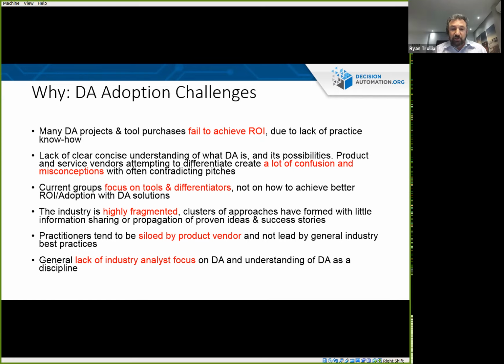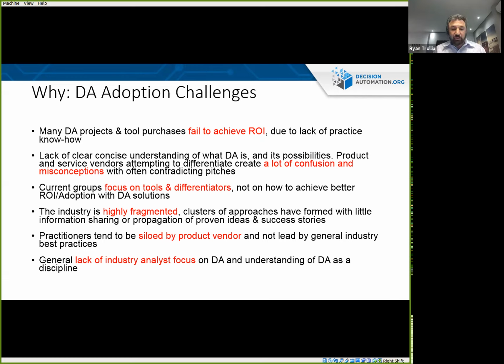There's a lot of confusion and misconceptions. Everybody's marketing on different niches and frankly confusing a lot of the market sometimes. So we want to provide some clarity and guidance for customers on what's real and what's not, especially with all the latest and greatest stuff coming out around machine learning, and that it's obviously very, very confusing for anybody coming into the space.